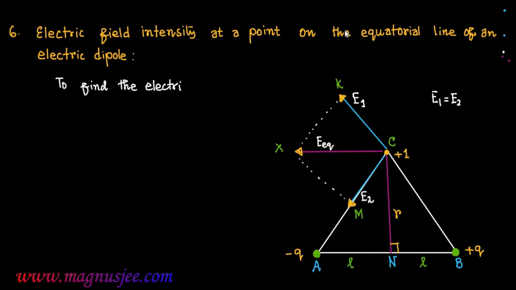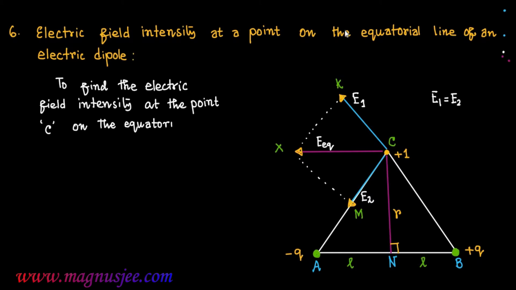To find the electric field intensity at the point C on the equatorial line CN, that is a straight line CN perpendicular to the axial line, or perpendicular to the axis AB of the dipole, at the midpoint or center N of the two charges.